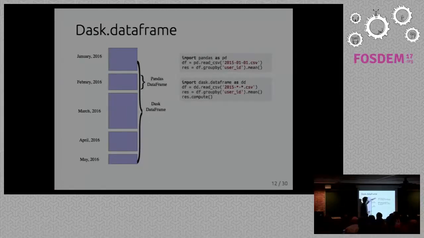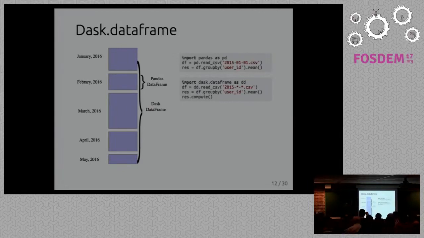Again, a small syntax example. So instead of reading with Pandas, you use read CSV from the Dask DataFrame. What Dask does with all those operations, reading a bunch of CSV files, doing a group by operation, for example, taking the mean of a certain column, is all lazily done.